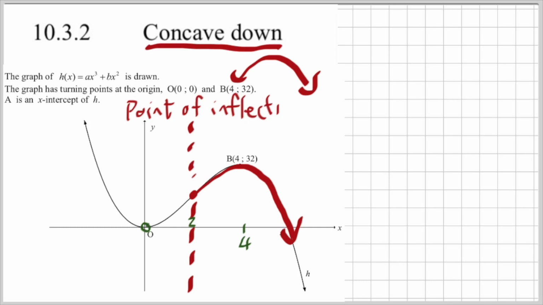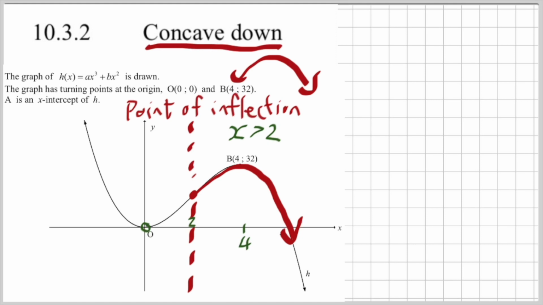When we look at the point of inflection, it's always going to be exactly in the middle of my two turning points, or my two stationary points. So if my one stationary point is at 0 and my other stationary point is at 4, the point of inflection is, boom, in the middle, 2, x equal to 2, which means my answer is x greater than 2.